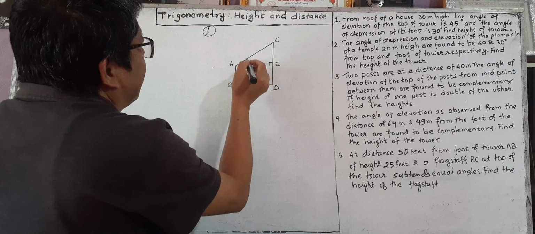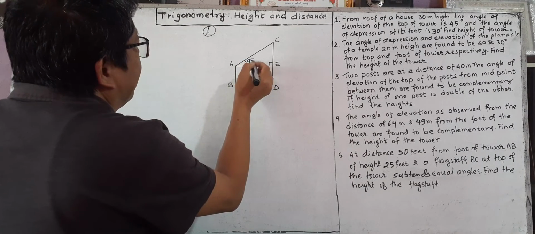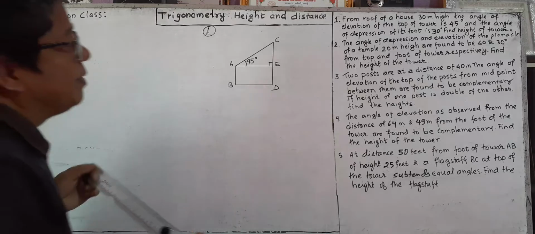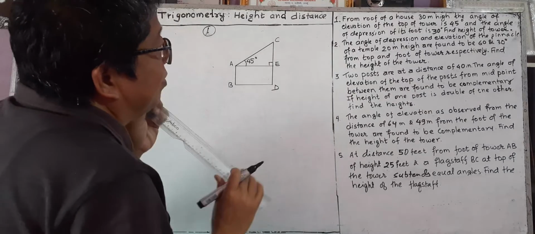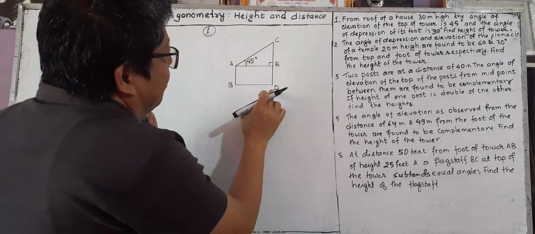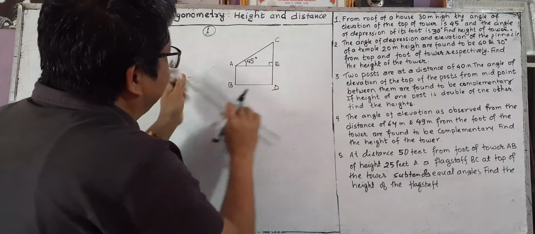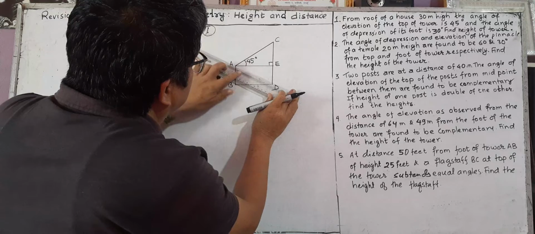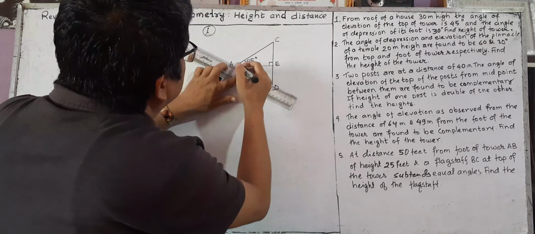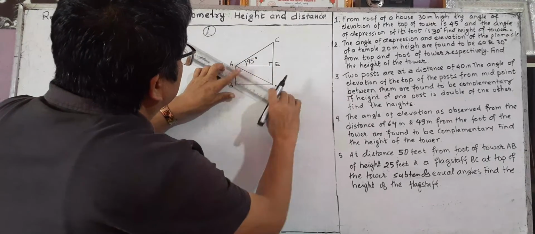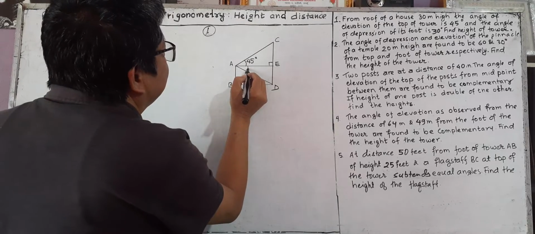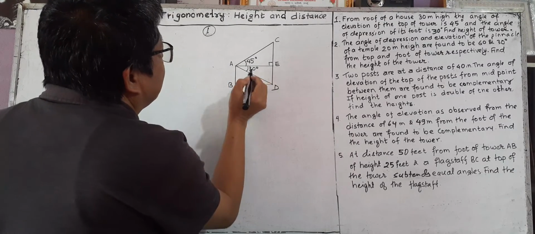So the elevation angle is 45 degree. And similarly, the depression of the foot of the tower. D is the foot of the tower and A is the roof. So from the roof, the depression angle is 30 degree.